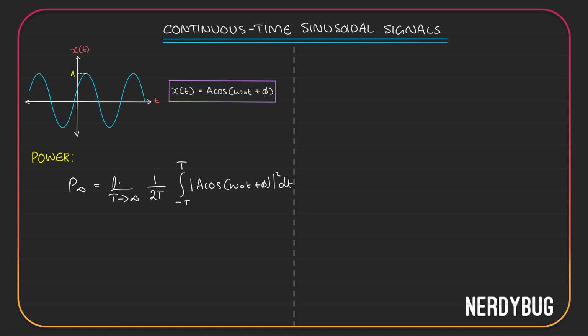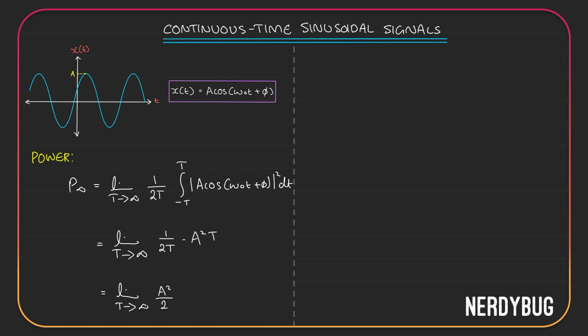We already did that integral while we were calculating the energy, and we found out it was A square T. So I will just write this is limit T tends to infinity 1 by 2T A square T. Here T and T get cancelled. So we get limit T tends to infinity A square by 2.